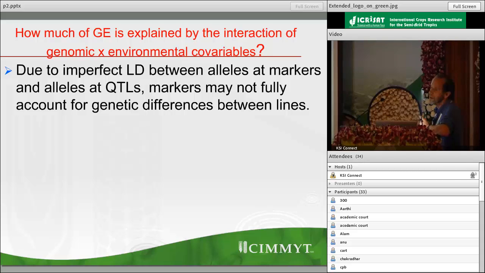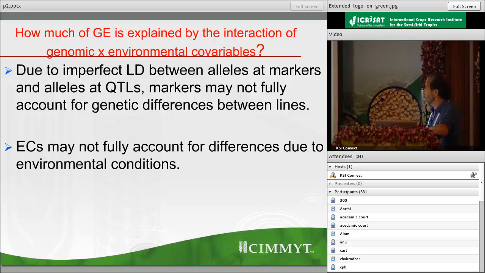Well, we know that due to the imperfect LD between the alleles and the markers and the QTLs, markers may not fully account for genetic differences between the lines. We also know that environmental covariables may not fully account for the differences between the environmental conditions in different sites.